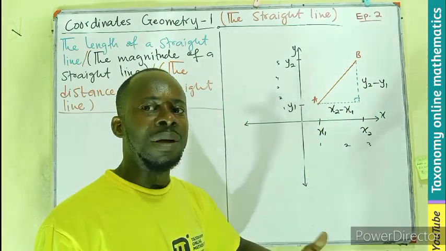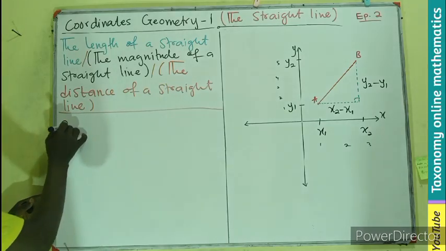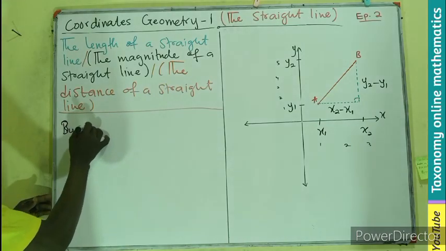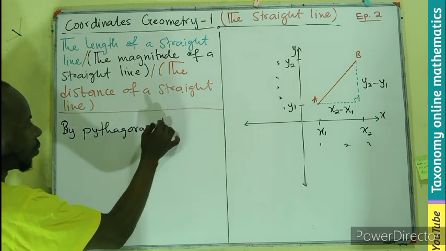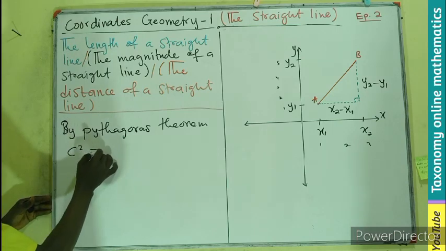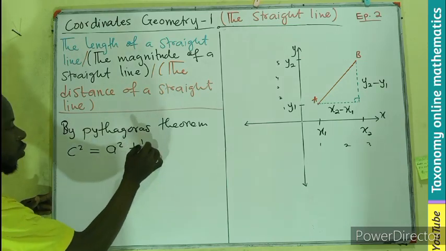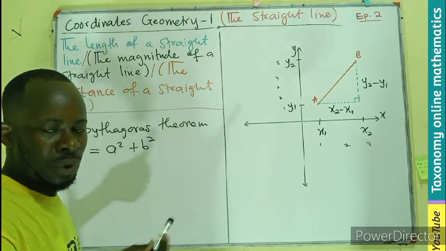Borrowing in the concept of Pythagoras theorem, by the Pythagoras theorem, we know that c squared equals a squared plus b squared. The c squared is the longest side, which is the hypotenuse.